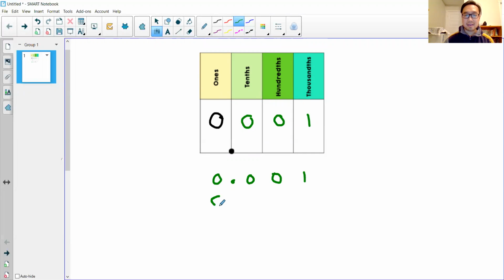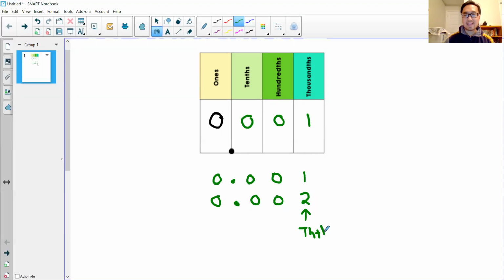Next, if I had 0.002, how would you say this number? You would say it as 2,000ths. And the reason you're saying 2,000ths is because 2 is the last digit in your number, and it's in the thousandths place.